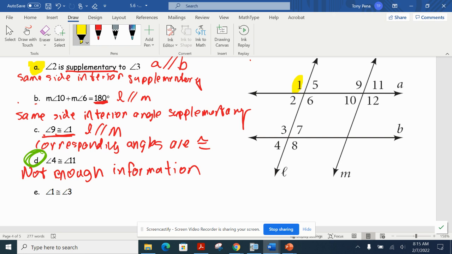Okay, first things first. Angle 1, just in terms of the types of angles these are. Wait, did I say 1 and 3? Sorry, 1 and 3. All right, if we look at angle 1 and angle 3, what are those? Same side interior, same side exterior, corresponding, alternate interior, all those things. All right, what are these guys?